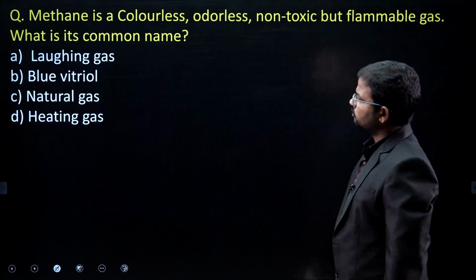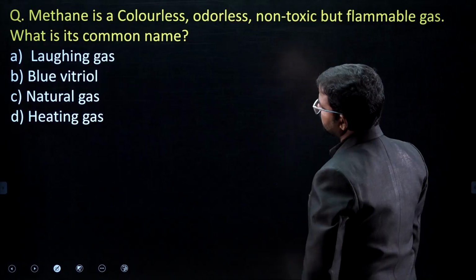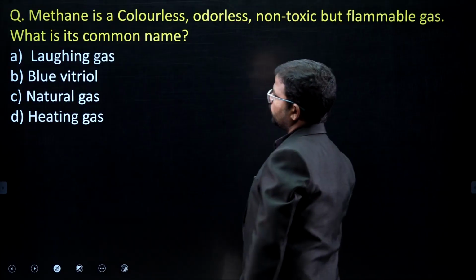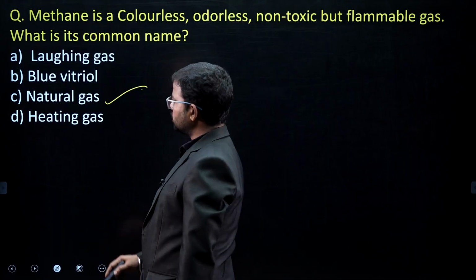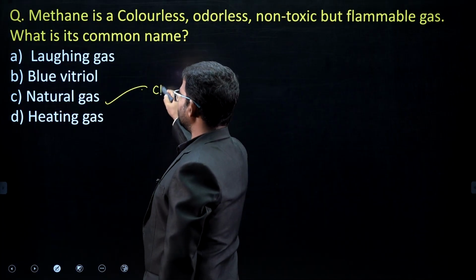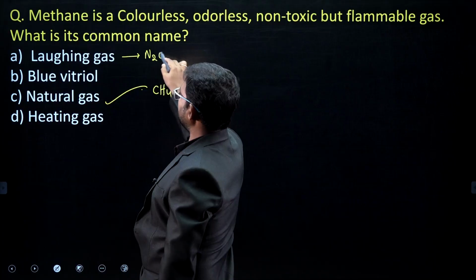Next, methane. Methane is a colorless, odorless, non-toxic but flammable gas. What is its common name? Natural gas. In natural gas, we have methane derivatives. What about laughing gas? Nitrous oxide, N2O.